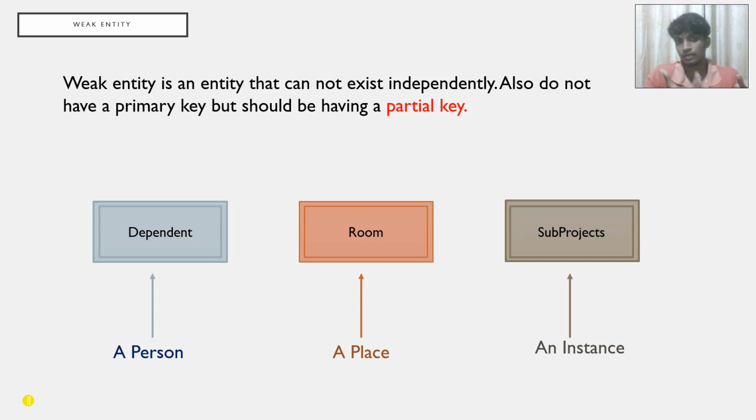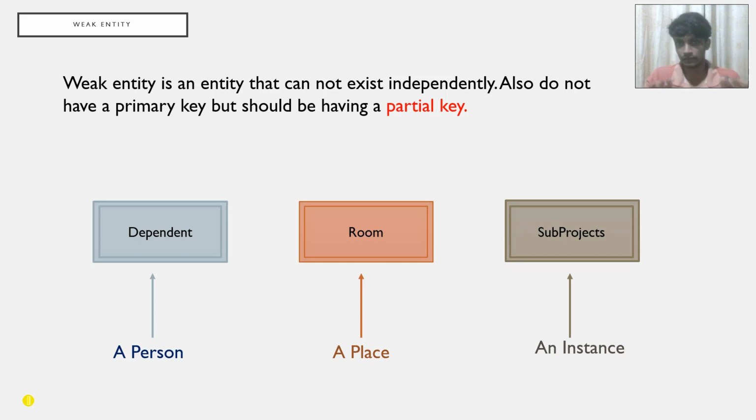So therefore, there will not be a primary key like in a normal relation, but there will be a partial key. This partial key means basically a key that is not a primary key, but it temporarily identifies as a primary key in order to make a weak entity.